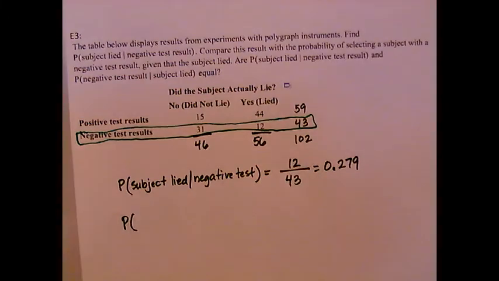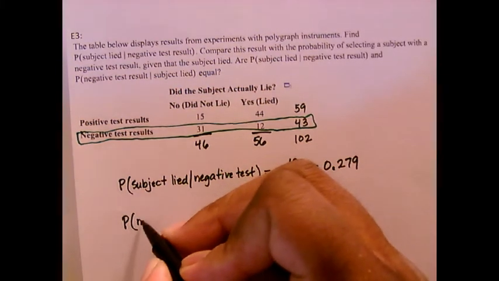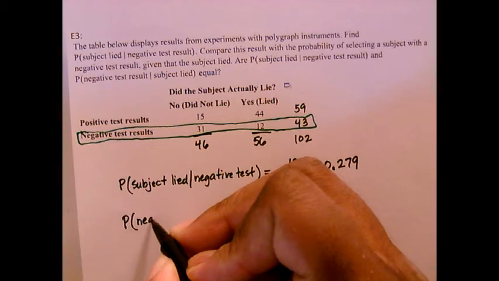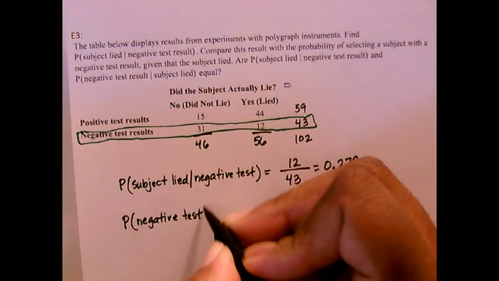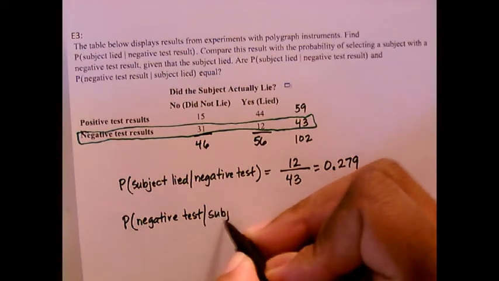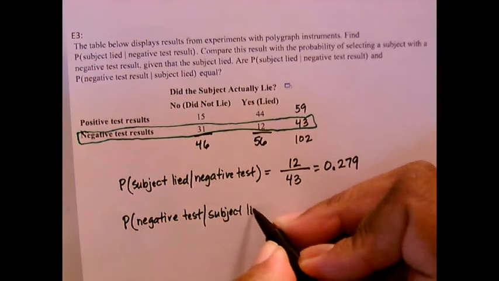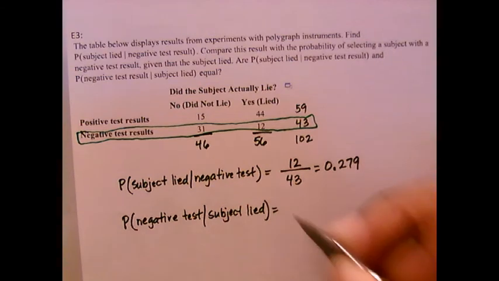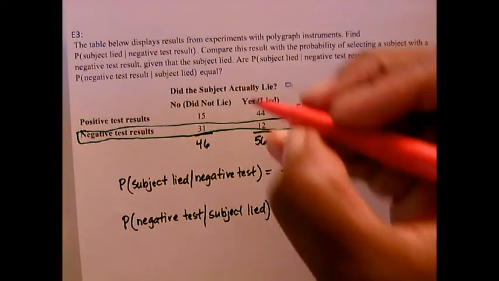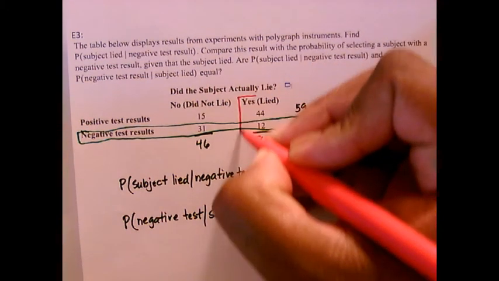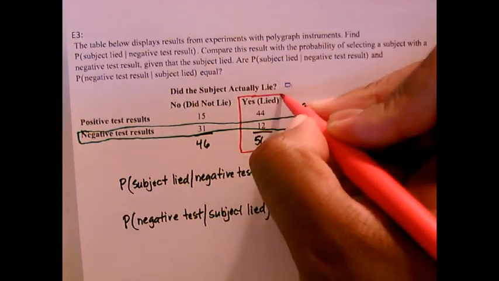Now we want the probability that we get a negative test result, or I'll just say negative test, given the fact that the subject lied. Okay, now in this case, it's going to be this column in red where the subject lied.